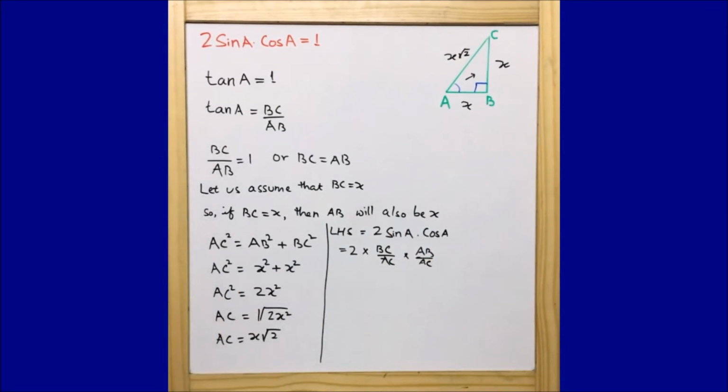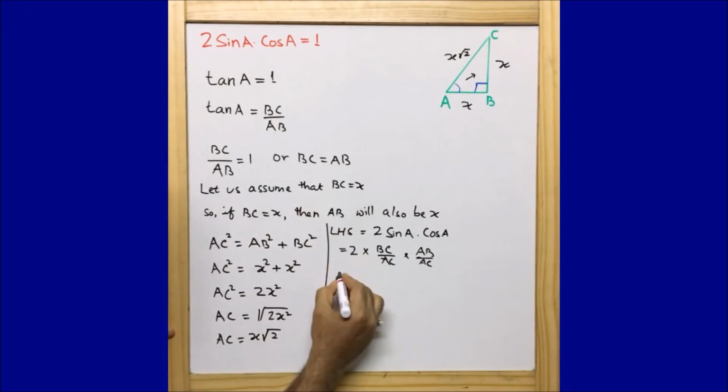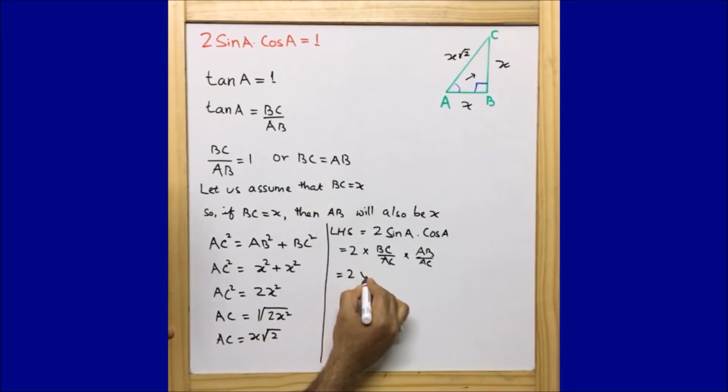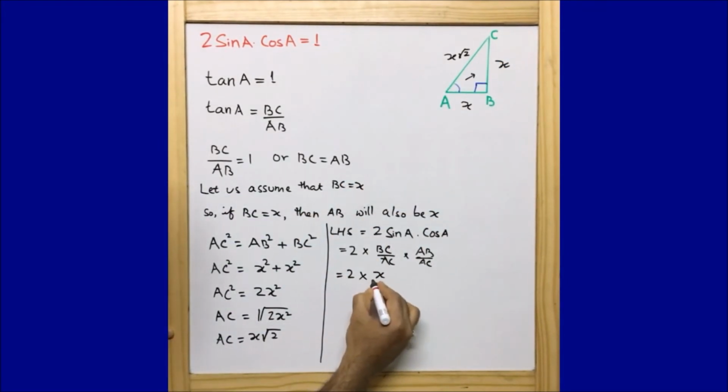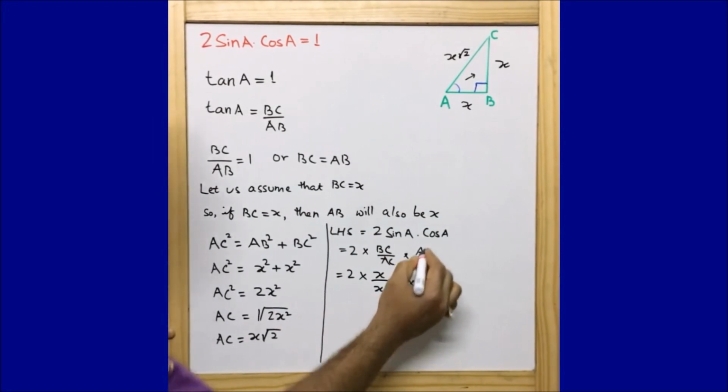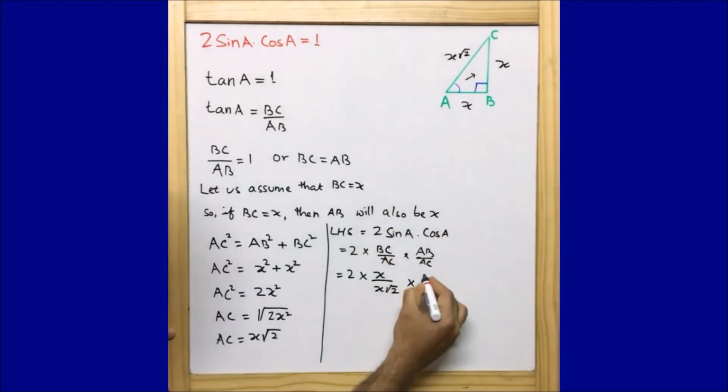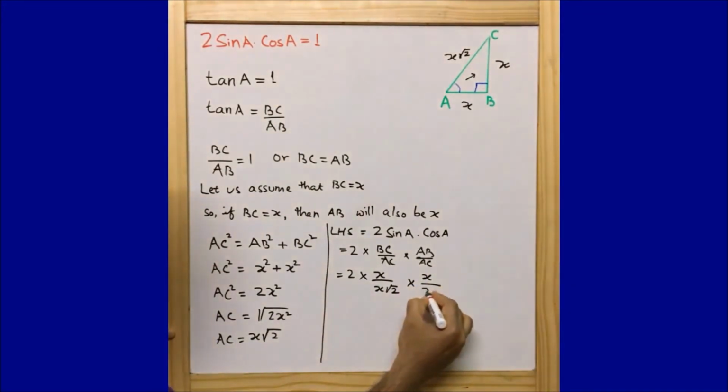Now replacing the values we have in place, that is equal to 2 into BC, which is X, upon X root 2, into AB, which is X, upon X root 2.